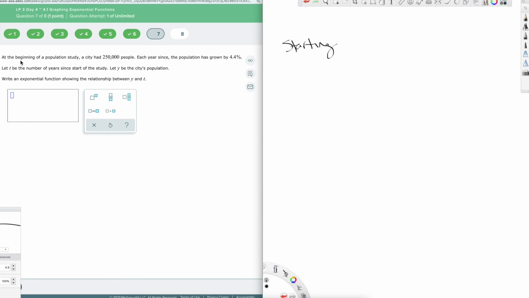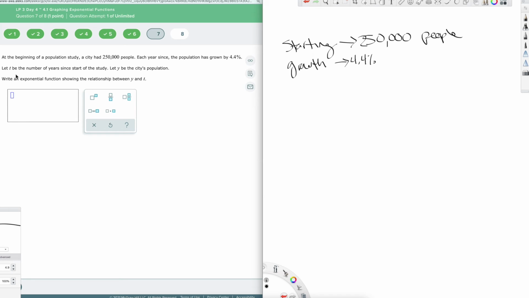At the beginning of a population study, a city had 250,000 people. So this was our starting point. That's how much it had at the beginning of the study. Ever since, the population has grown, so that's growth, of 4.4%.